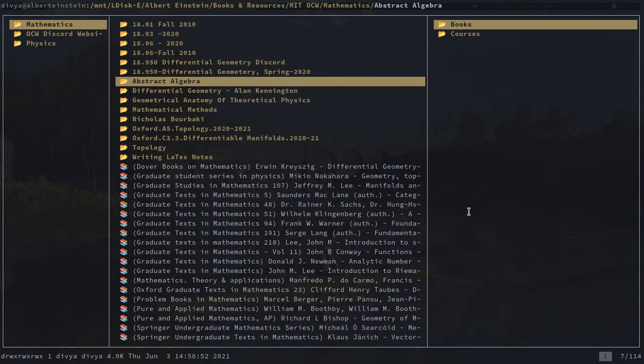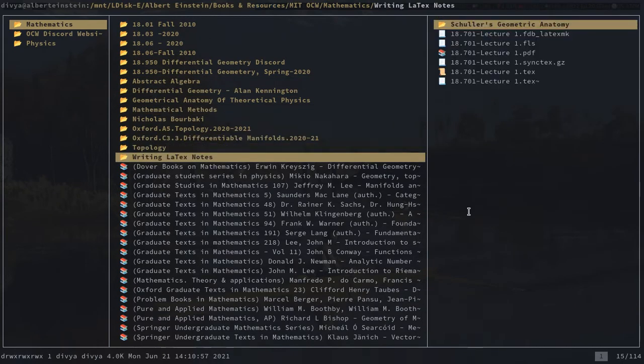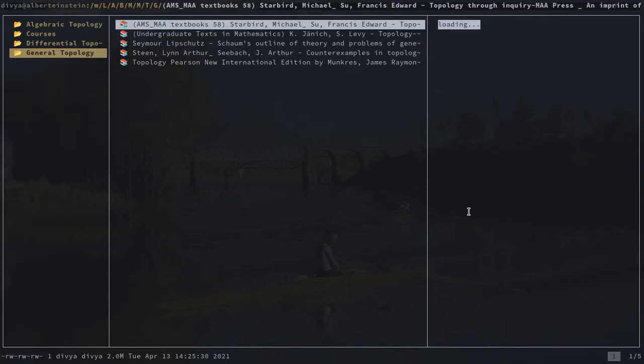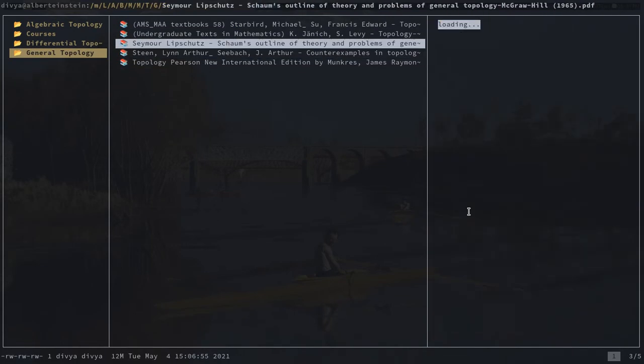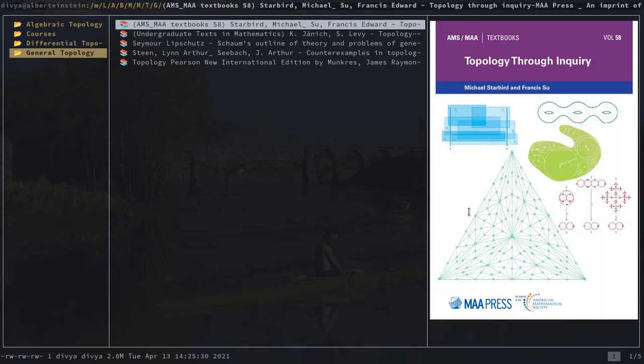So the thing is, if you know the other book from topology, we had this nice book called Topology Through Inquiry. The good thing about this book is that it is made for teaching yourself things. So this book makes you think about the theorems and the reasoning behind them. It doesn't provide a lot of proofs, but it gives a lot of examples and pointers about intuition about the concept.